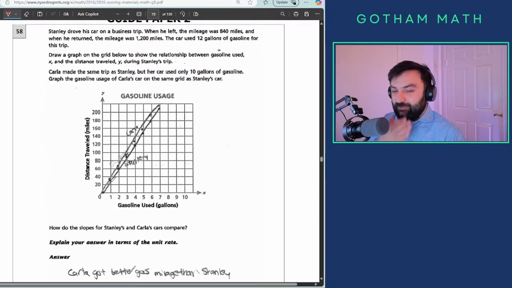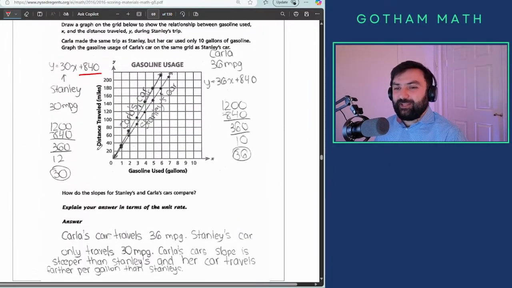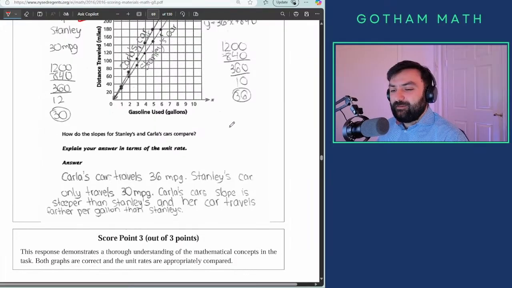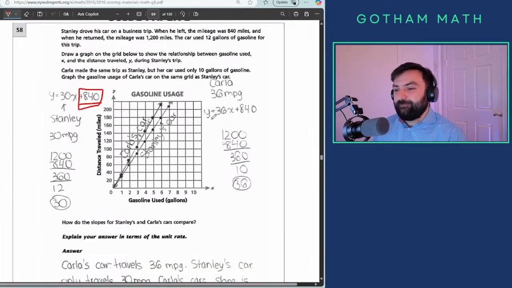We got the correct one. How is that right though? Plus 840 is the y-intercept. I think that plus 840 is technically incorrect.